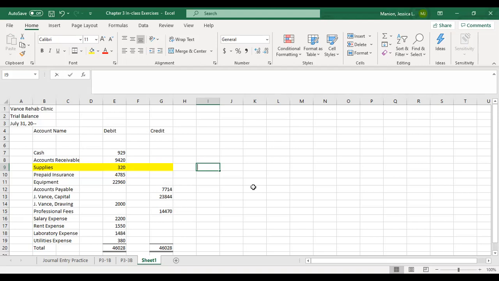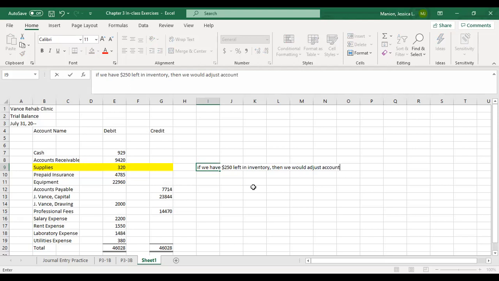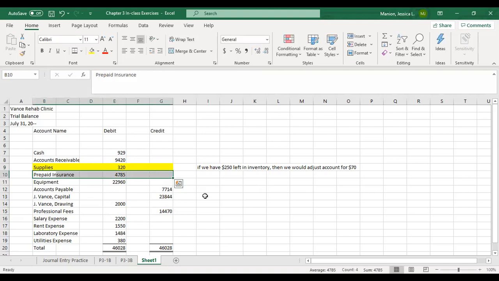For example, if we have $250 left in inventory, then we would adjust the account for $70. If the current account balance is 320 and we have 250 left in inventory, then we would need to adjust that account for $70.